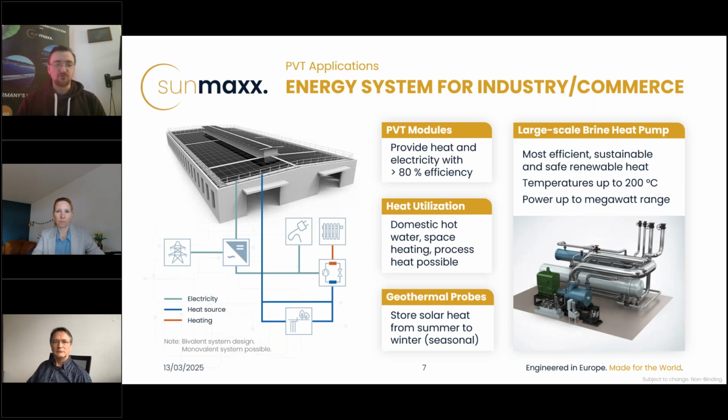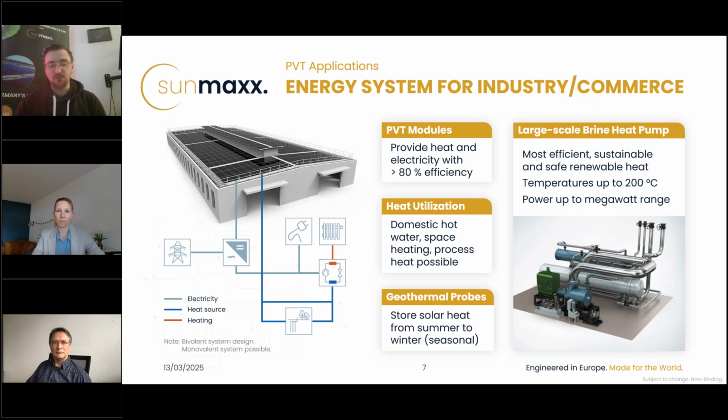If we take a look at massive projects in the industry or other project areas, the electricity stays the same as in the single family home. Even on the thermal side, there is no difference. We can use the PVT plant on the roof as a direct source for the brine heat pump.